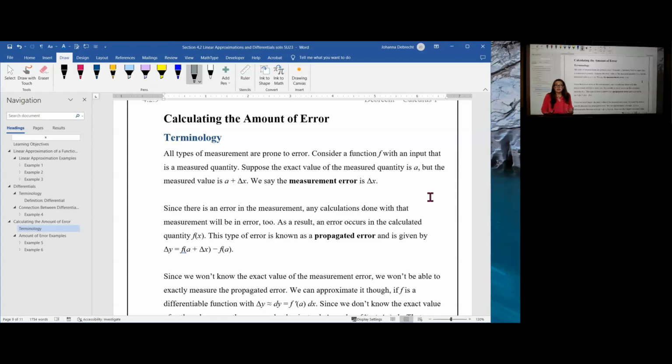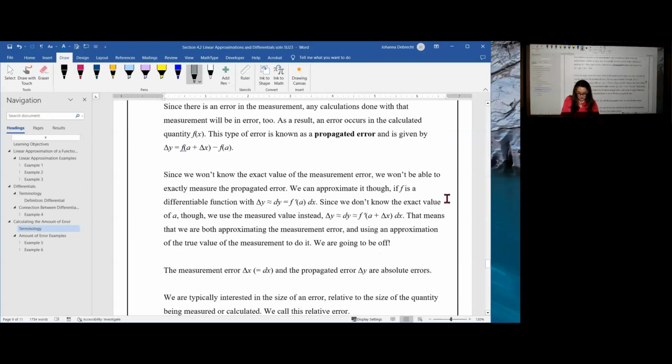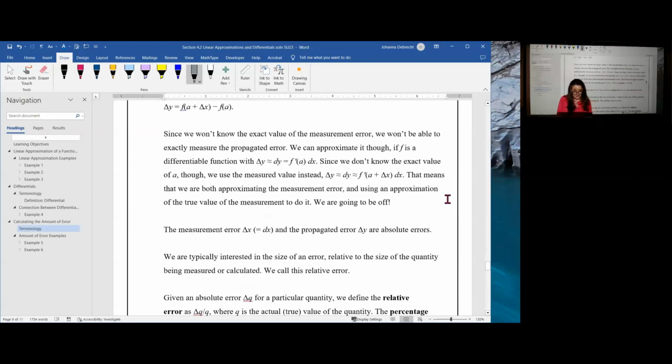We can't know it because every time we measure, we have error. Because we won't actually know the true value, we'll have to estimate it as well. So we're going to get even more error. What we're going to do is approximate the exact value of the function with the measured value, which we know has error in it.